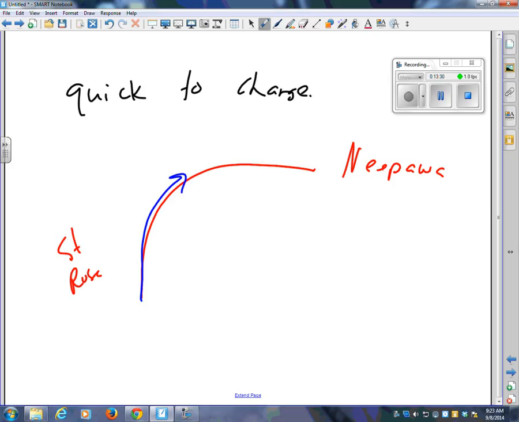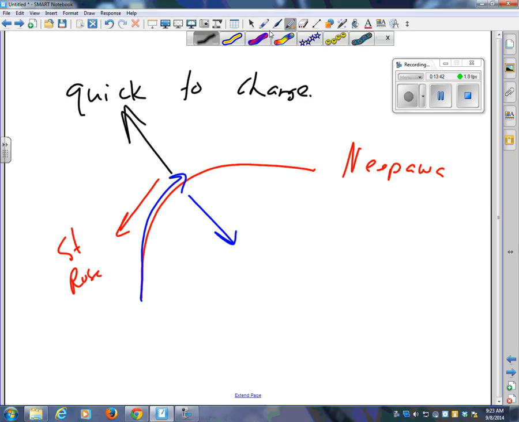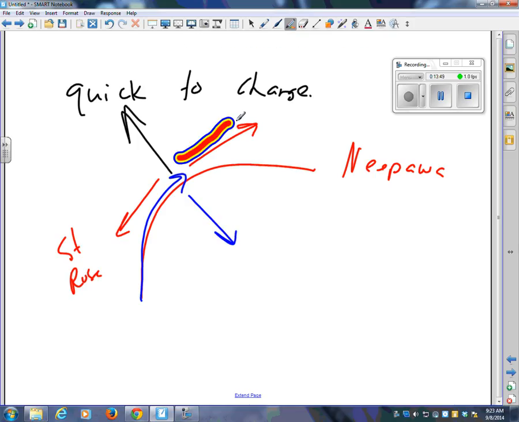I'll give you a few options. Is it the black arrow? The blue arrow? The red arrow? Or the crazy yellow and red line arrow? Which way is the acceleration?